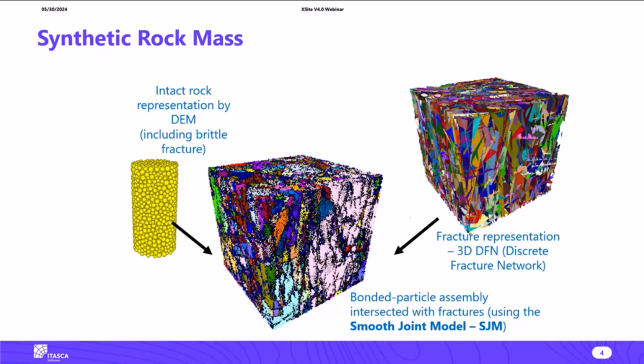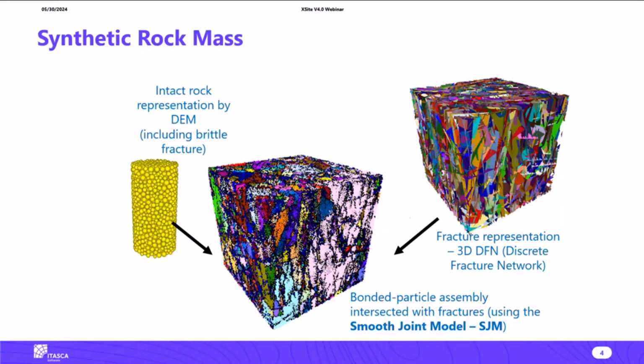The other component is the representation of the pre-existing joints, which are superimposed on this bonded particle model, and those joints can be represented in different ways. They can be a stochastic fracture network such as a DFN, or they can be deterministic features like major fractures or faults.